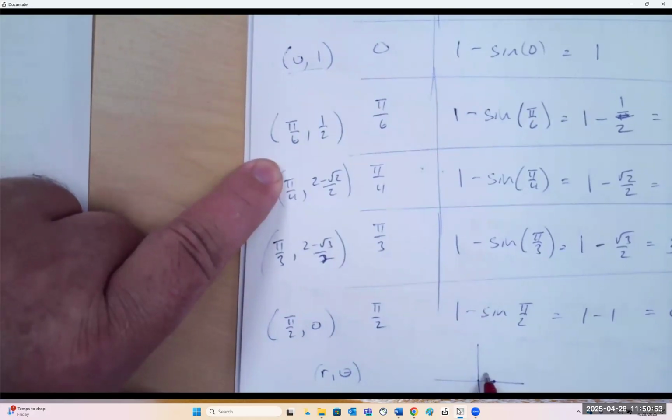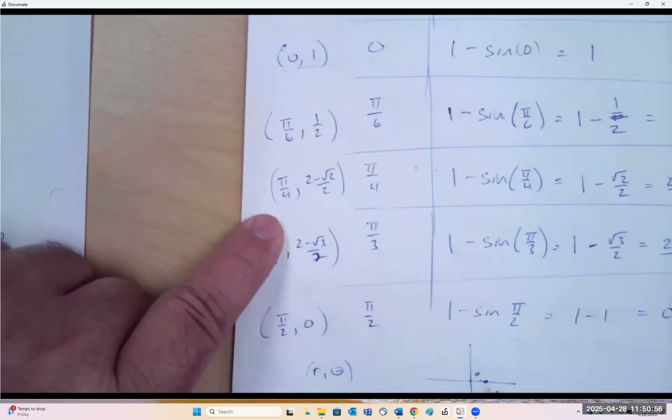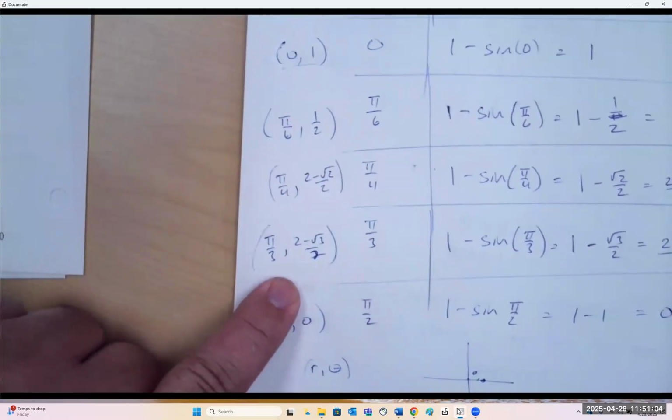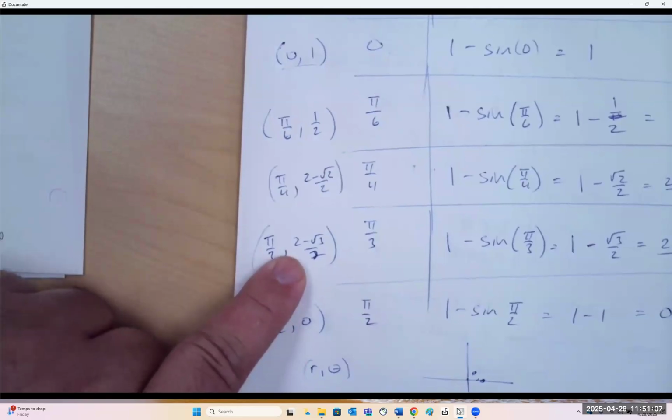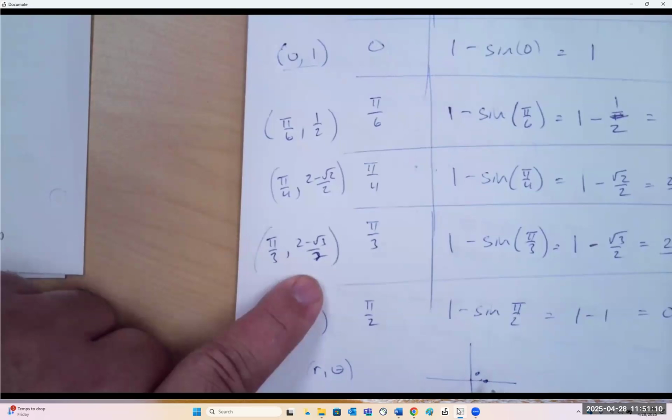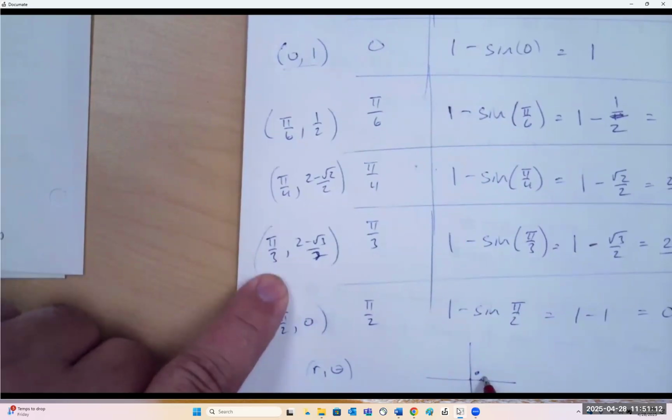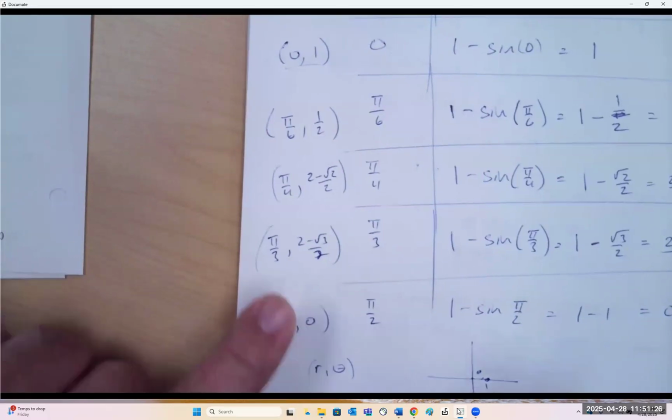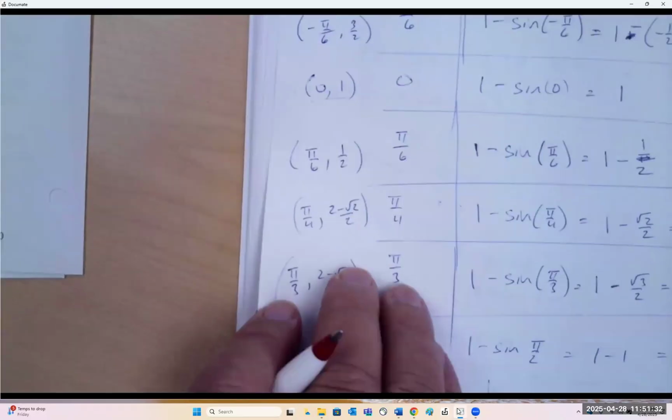Pi over 6, 1/2. Pi over 4, 2 minus radical 2 over 2. Pi over 3, almost half. This is 1. And it's symmetric about the vertical line.